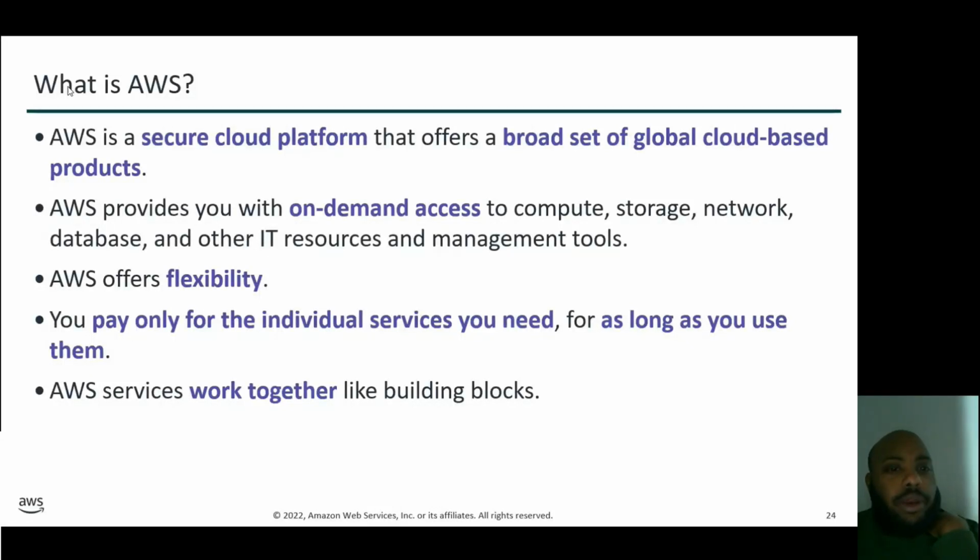You get to allocate that on demand by whatever the demand need is, and you get to access it, allocate it, or terminate it. That's why AWS offers us flexibility. We said you only pay for those services as you need them.